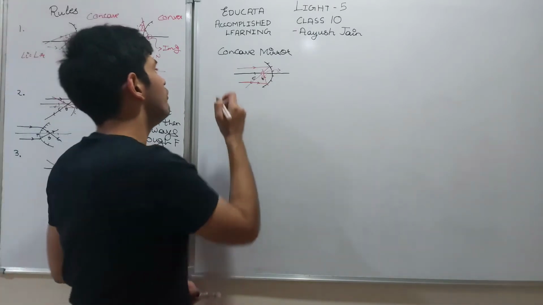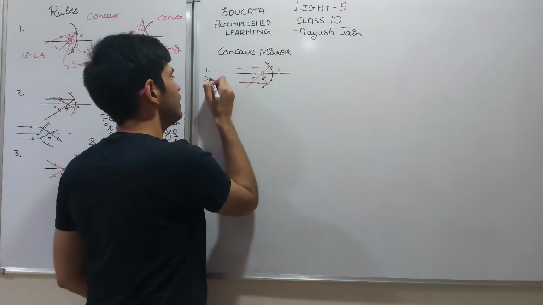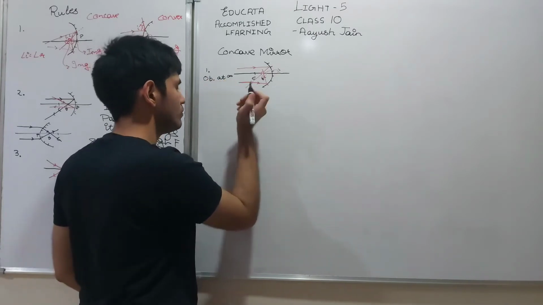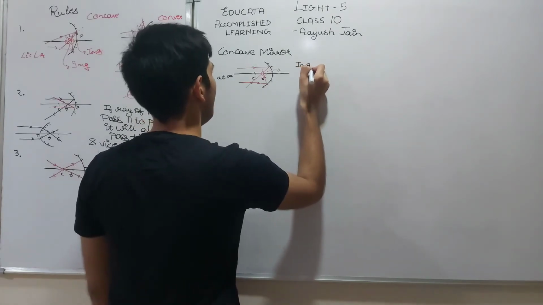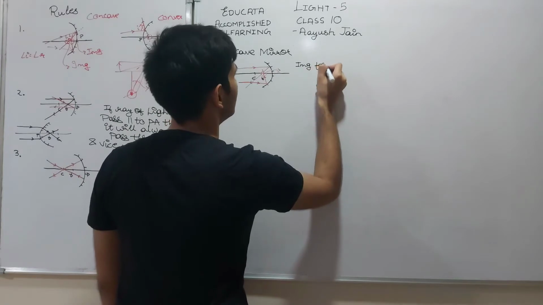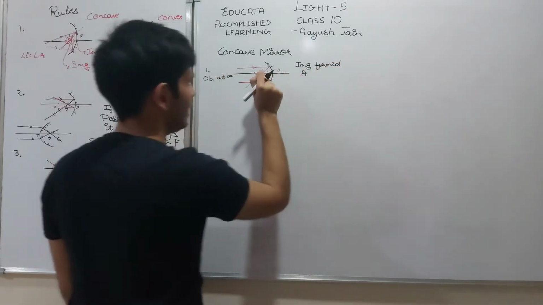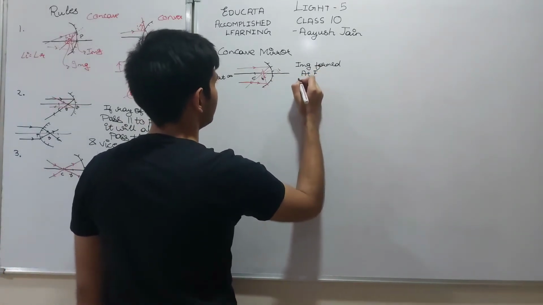So in the first case, we took the object at infinity, and the image that is formed is at focus. Yes, the image is formed at focus only. And is it diminished?